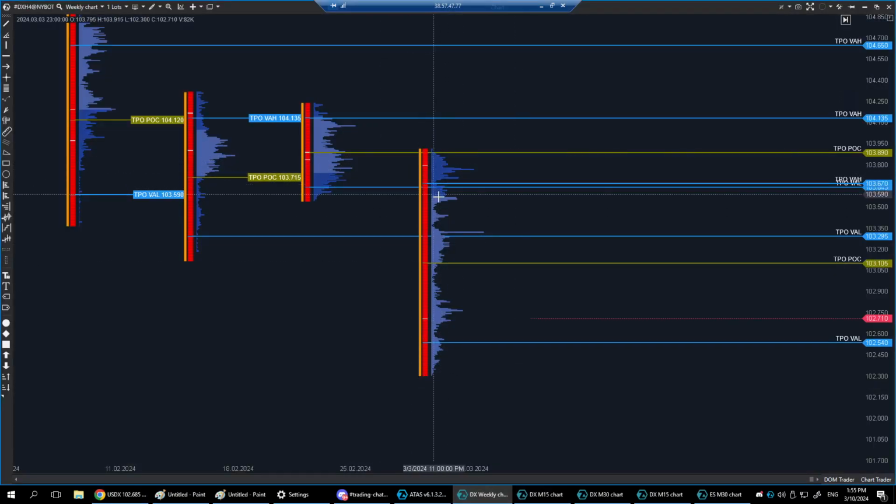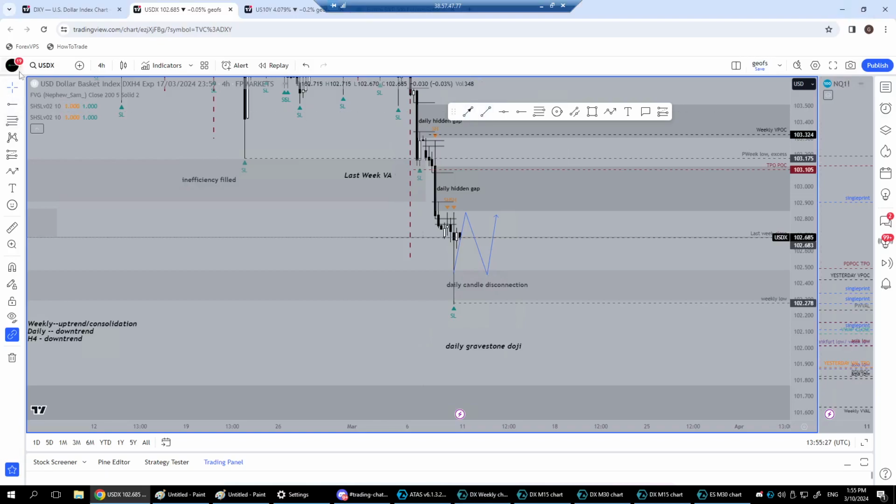So what else do we have? We should note the volume value area high and low as well for the week. I hope the distinction between TPO and volume value area high and low is clear. 103,580. Okay, 103,580.